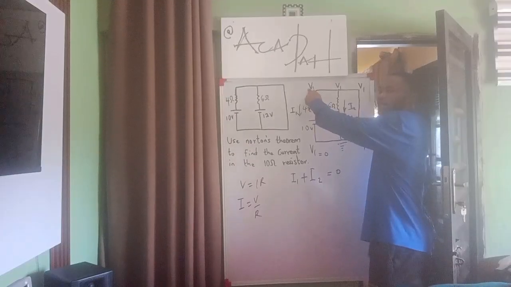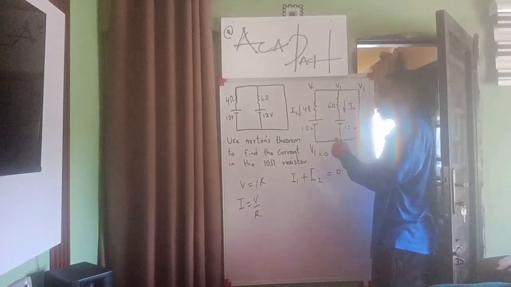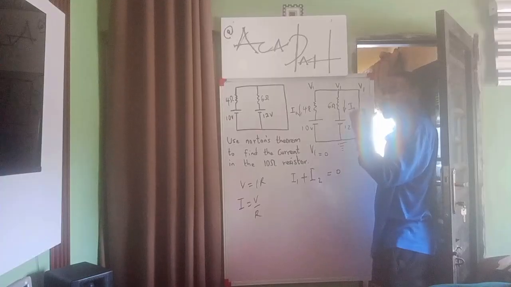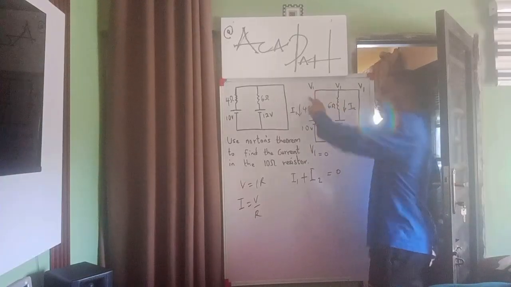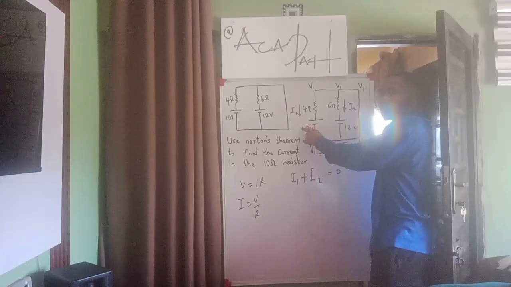Notice that this is V1 up here and this is V1 down here. You see this? We remember that when we did this initially, we said that V1 here and V1 here is equal to 0, and that 0 is equal to the 10V that is in between.